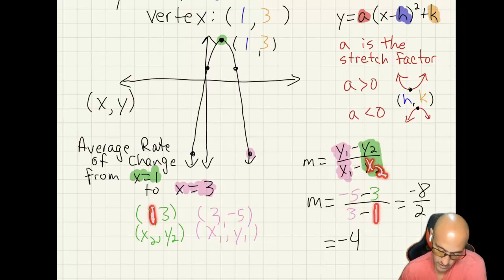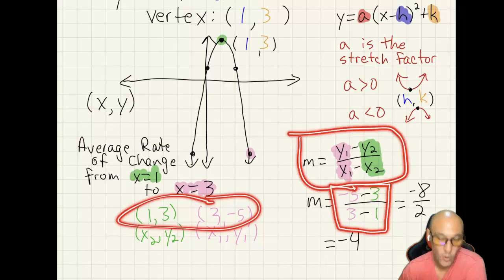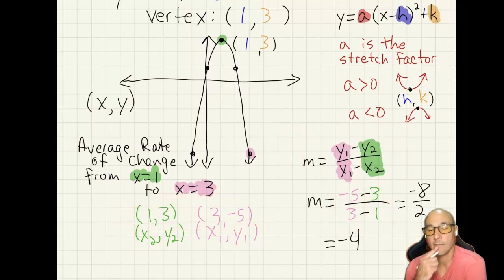So now, could you get this from your points if you have this equation? Okay, all right. And then you just need to do negative 5 minus 3 is negative 8. And 3 minus 1 is 2, which is equal to negative 4.